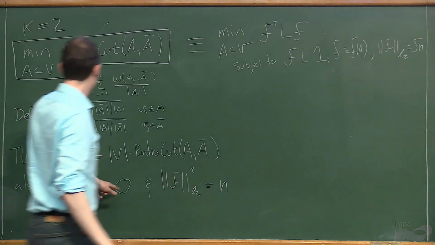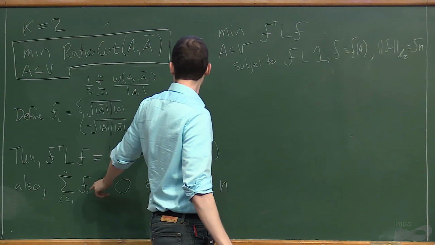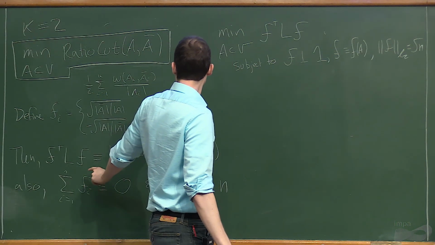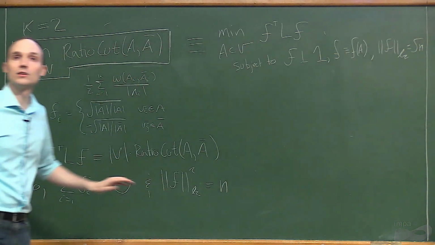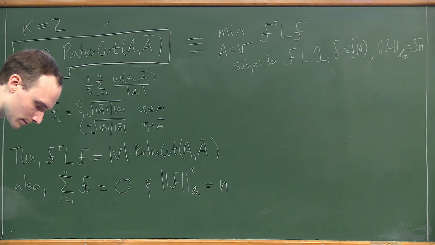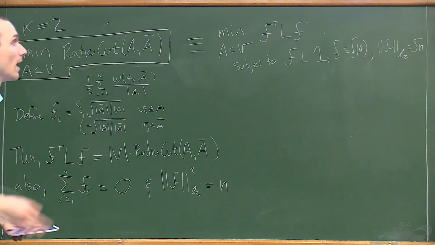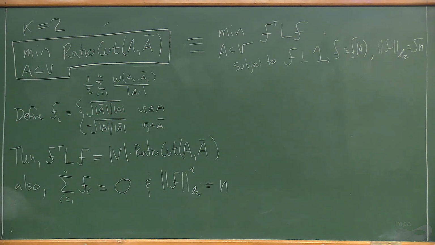As well as, if we have zero element-wise sum, we're perpendicular to the vector of all ones, and we have this norm relationship here. Okay, any questions about this development? Okay.